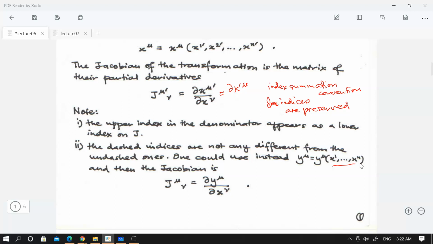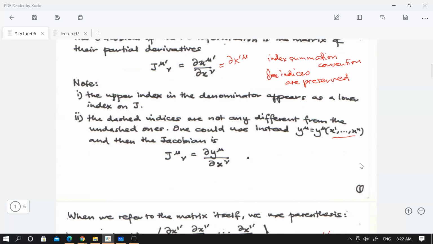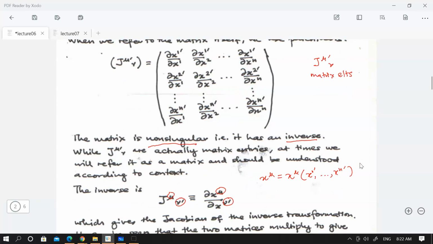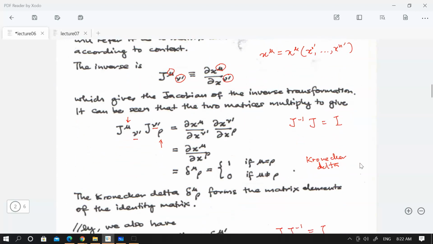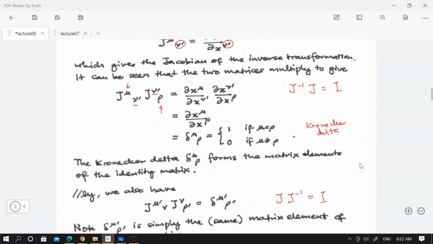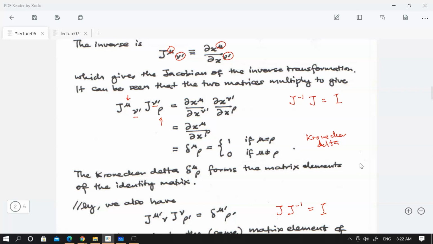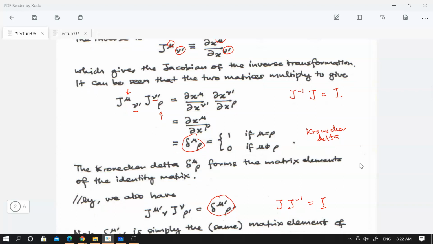So one can think of this instead: your dashes are just coming from a different variable. In reality, the indices are just the same kind of index. I hope that doesn't cause too much confusion. So in other words, this delta mu rho here is just the same as delta mu dash rho dash over here.